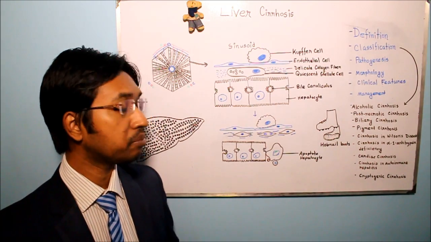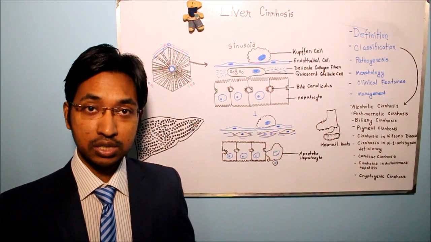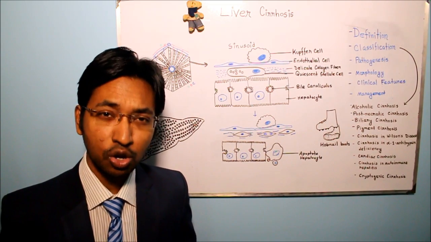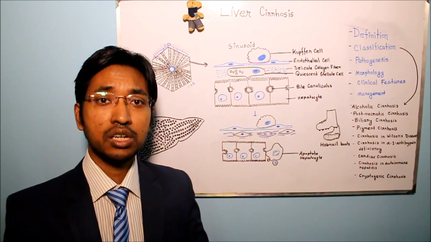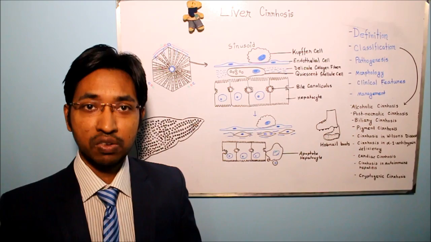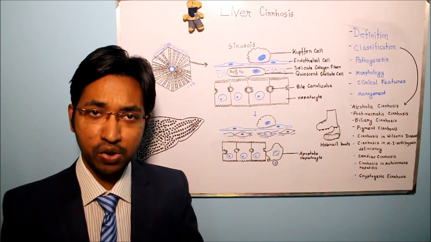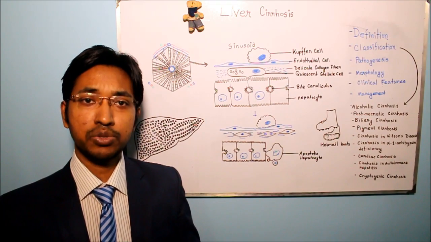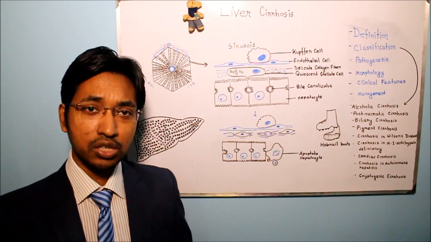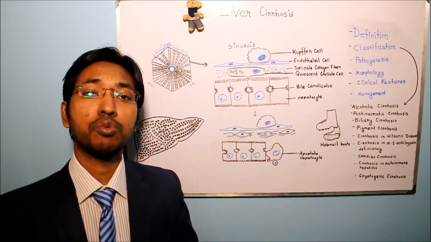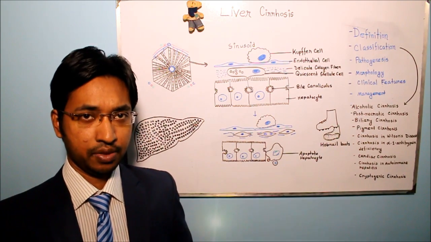So the exact cause is unknown, but it results in destruction of intrahepatic bile ducts, and that results in liver cirrhosis development in the long run. In secondary biliary cirrhosis, liver cirrhosis occurs as a result of prolonged mechanical obstruction in the extrahepatic bile ducts.